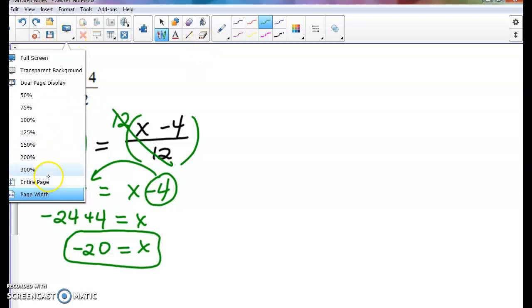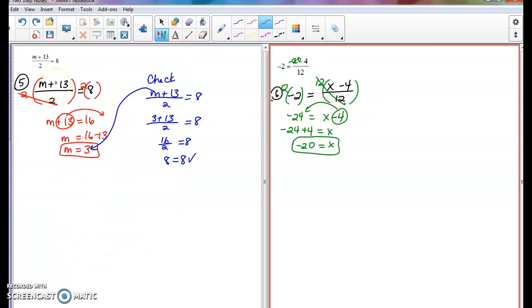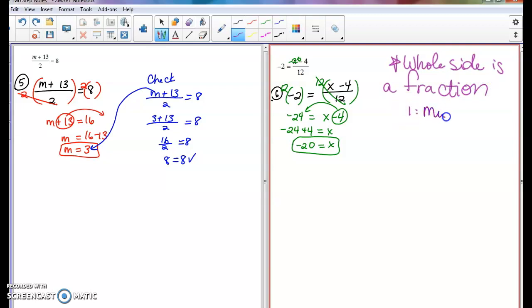Now, for these last two examples, if you want to make a note of this because it's really important, when one whole side is a fraction, the first thing we have to do is multiply both sides by the denominator.